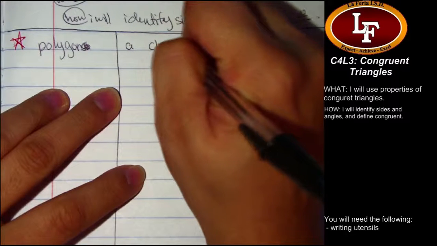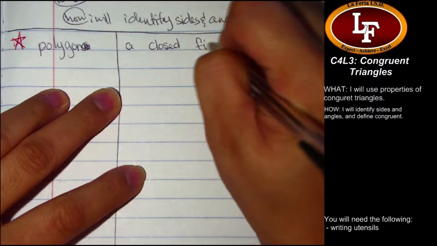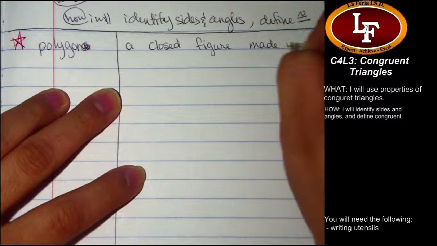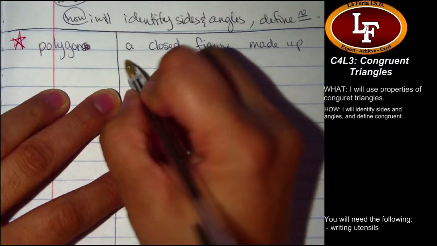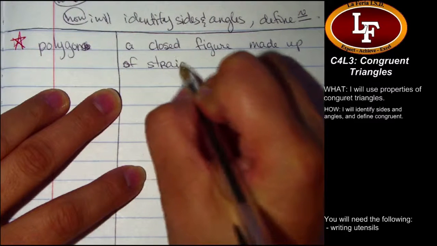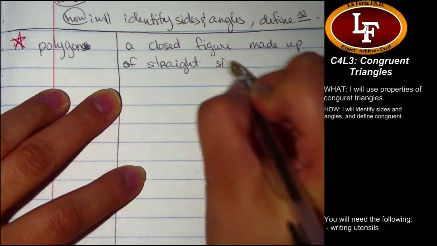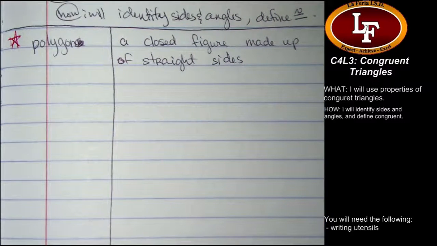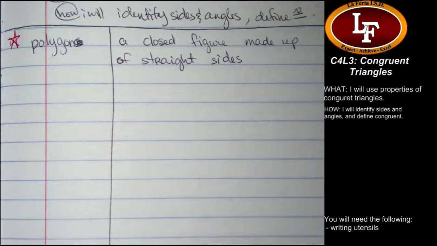So a polygon is going to be any closed figure. And this closed figure just needs to be made up of straight sides. We don't care how many sides there are. We don't care what their sizes are. We just care that they're straight.